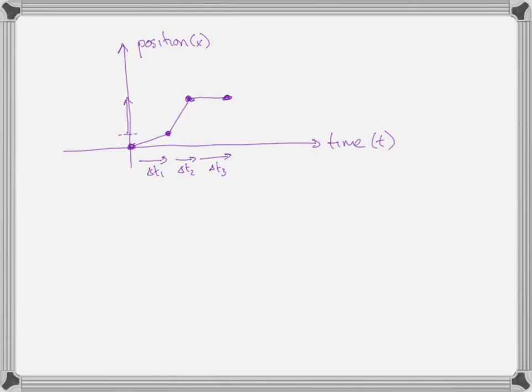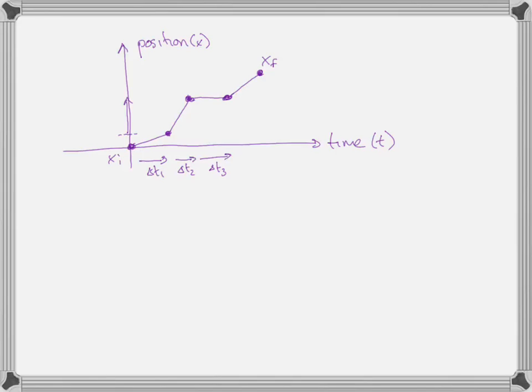The position is on the left axis; my x-axis is actually pointing up here because I'm graphing it versus time. Then I get going again at some speed, and I get to where I'm going. This is my final position, x final, and this is x initial. So what's my average velocity?